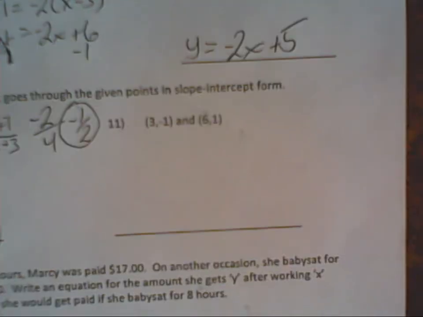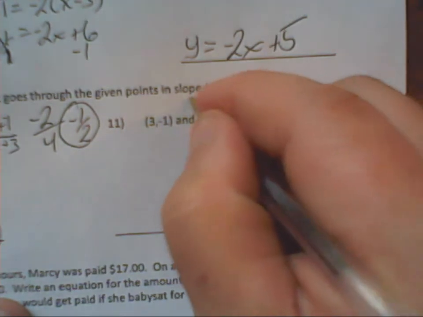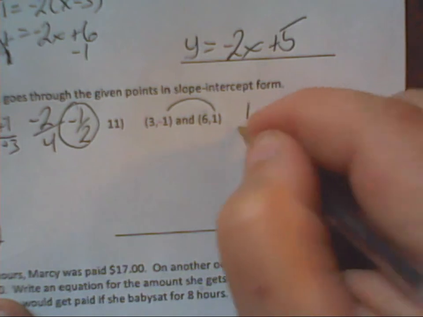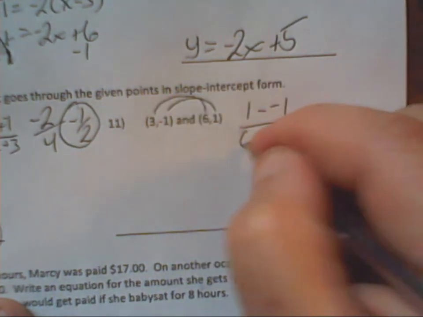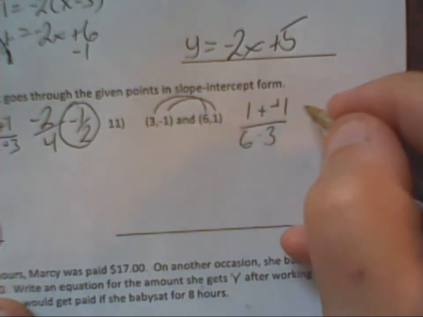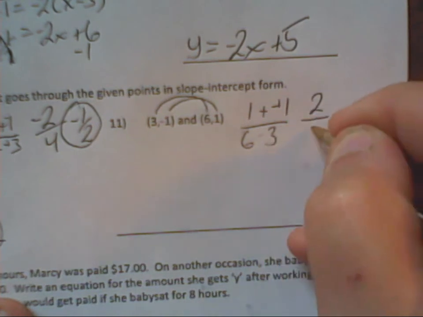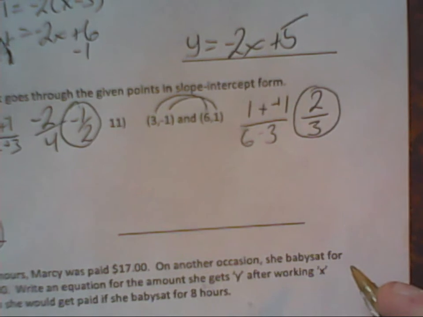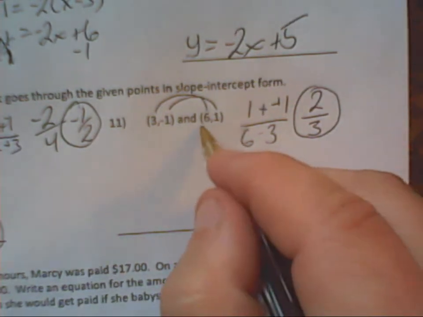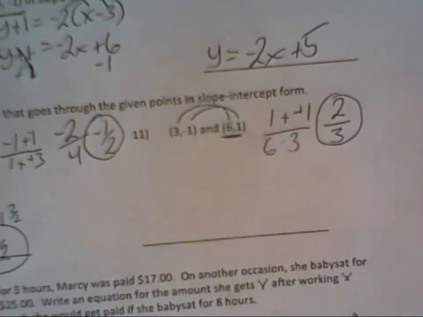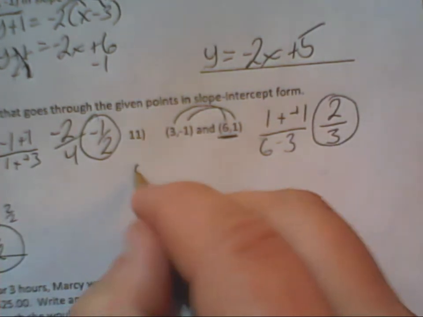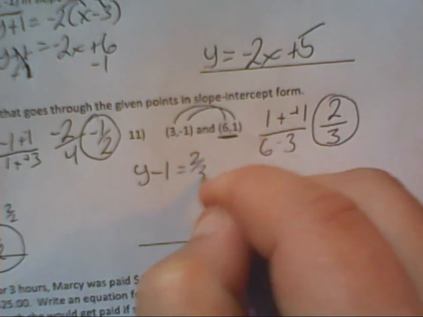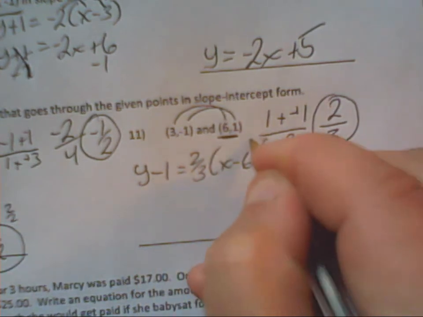And doing the same thing for number 11, first finding the slope, y2 minus y1 is 1 minus a negative 1 over 6 minus 3. 1 minus a negative 1 is 2, 6 minus 3 is 3, and so our slope is 2/3. And on this one, I'm going to use the second point. It doesn't have any negatives in it, so I'm going to go y minus 1 equals the slope, which is 2/3, times x minus 6.